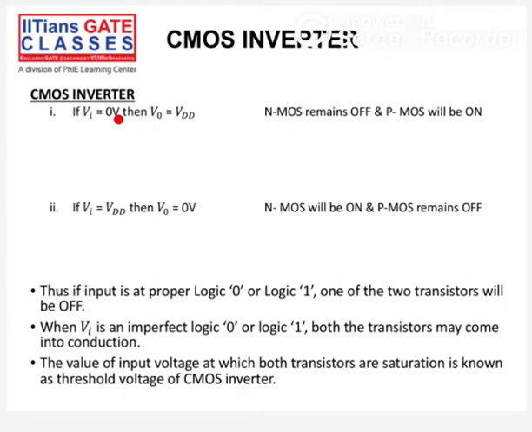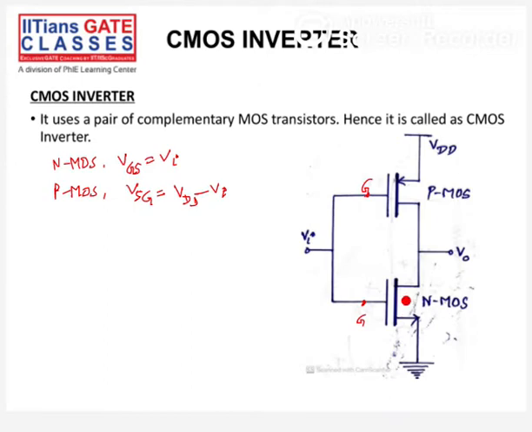If Vi is 0, NMOS remains off, means this lower transistor will be off, because it needs VGS voltage to switch on, but we have 0 voltage. In that case, it cannot be switched on. So that is why it is switched off, right?